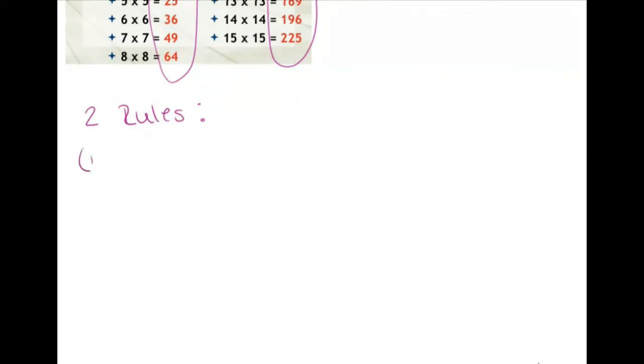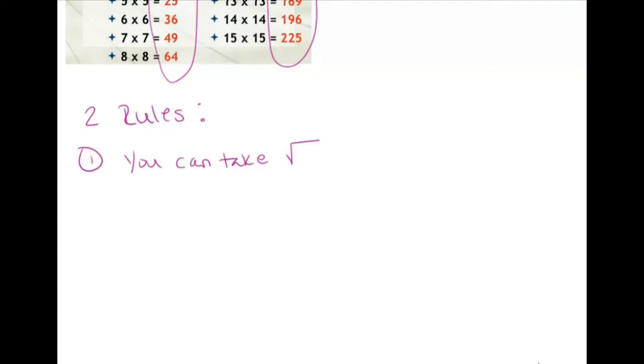Okay, so the first rule in dealing with square roots is that you can take the square root. And I'm going to use that symbol just so that you begin to familiarize yourself with the symbol and the term.